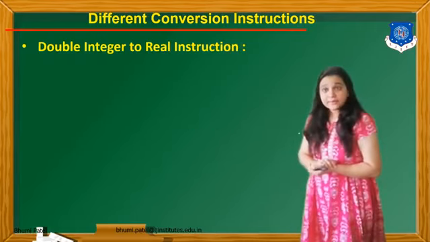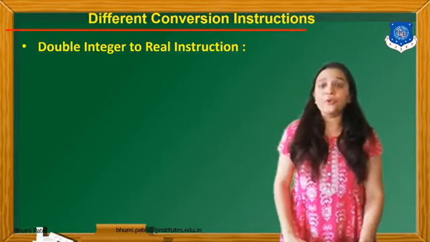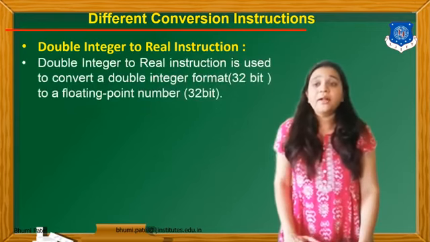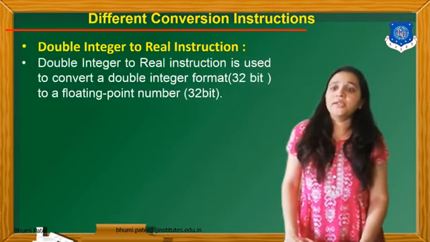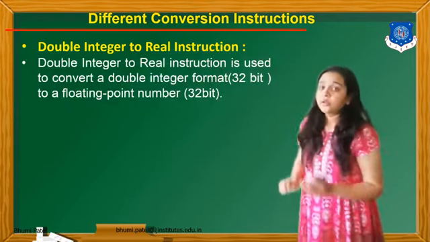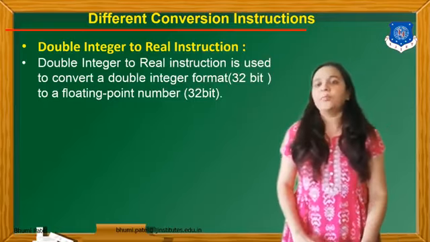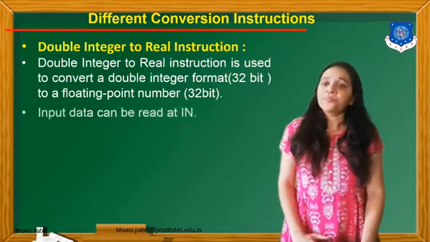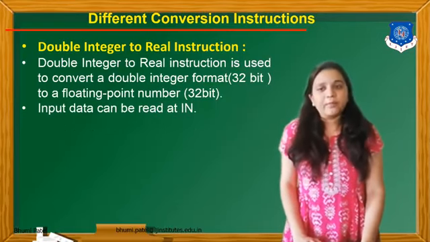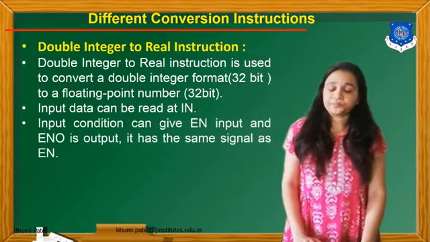Now the next is the double integer to real instruction. The double integer to real instruction is used to convert a double integer format, 32-bit, to a floating point number, 32-bit. Input data can be read at the input pin.